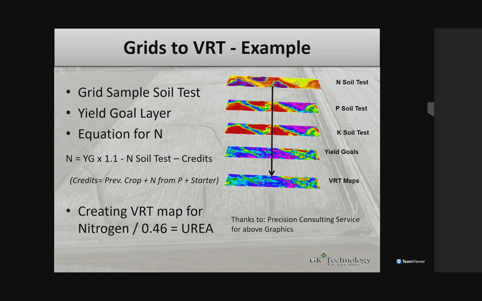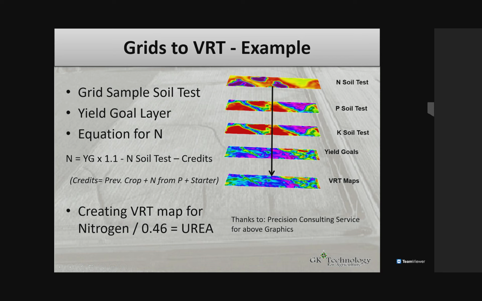Basically, it would take your nitrogen soil test, and then we would subtract off any other components that might be nitrogen based if we were doing any organic matter crediting, any starter fertilizer, anything else that we would be doing in there. If you planned on doing any in-season nitrogen programs, we would be subtracting that off of there. We take our yield goal times, in this case, I used 1.1. 1.2 is the university rec, so it would be your yield goal times 1.2.